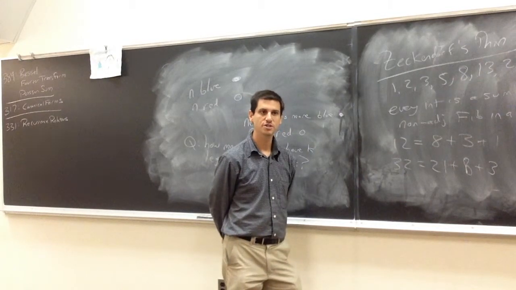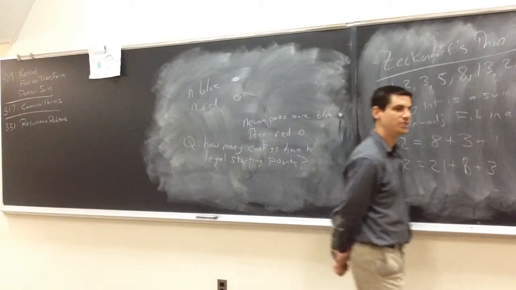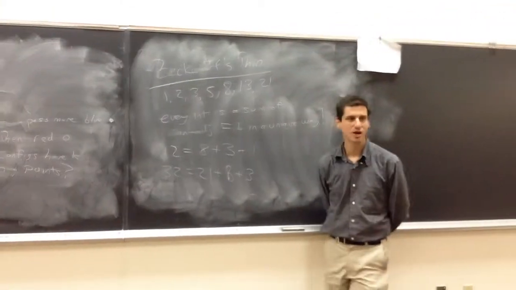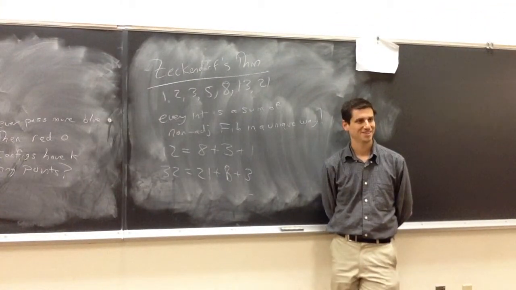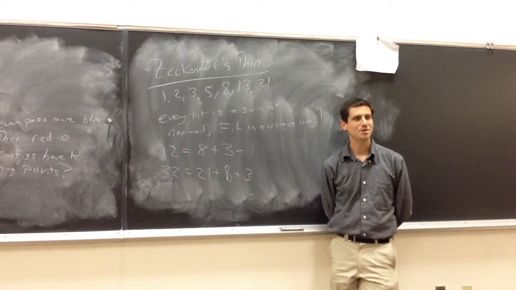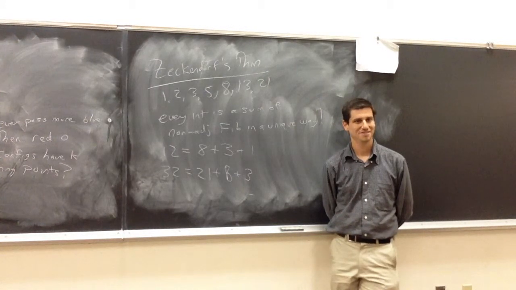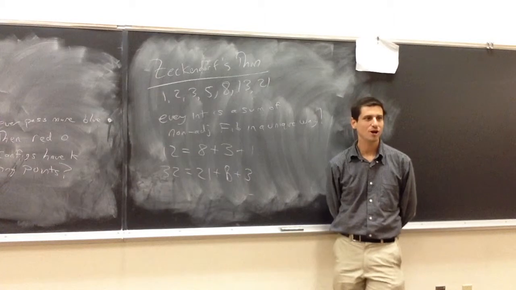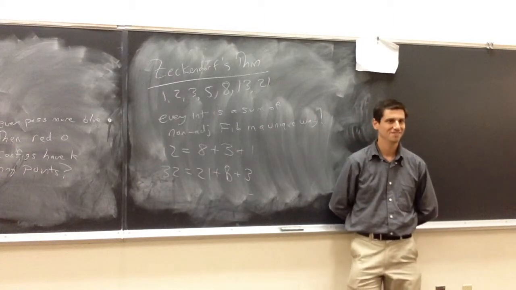There's a lot of fun things you can do with Zeckendorf decompositions. One of my favorites, and this goes to Carl Pomerantz, I believe, is you can use this to approximate the conversion between miles and kilometers. How many kilometers are in a mile? About 1.6. Approximately, what's the golden mean? About 1.6.